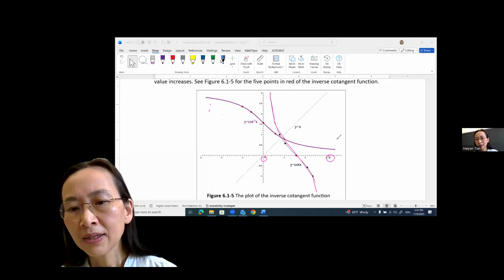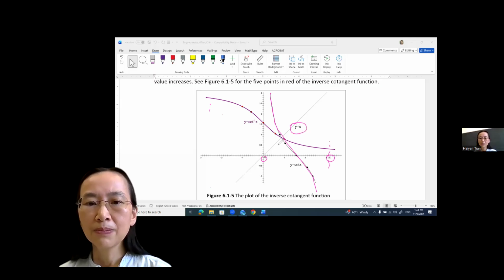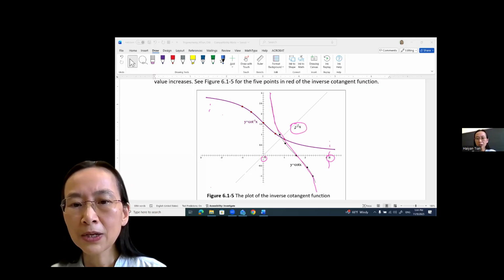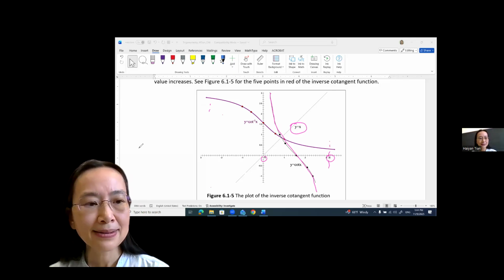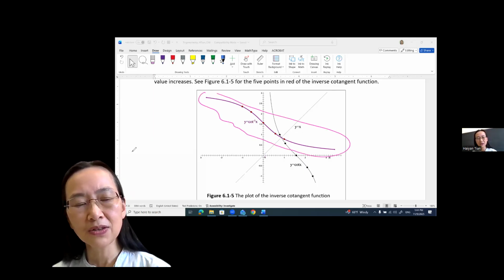Then just look at the inverse. The inverse function, which is symmetric with respect to this original function with respect to this curve, y equals x. So we can see the inverse function is also decreasing. So here is the inverse. This inverse function is also decreasing.